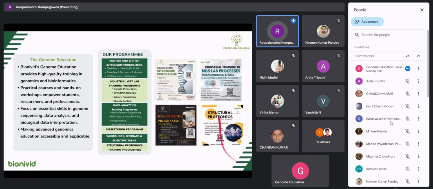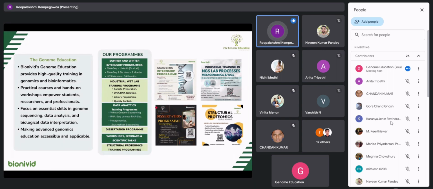Coming to the training programs, we have different ones: a 1 week training program, 6 months, 3 months, and custom-designed training programs. We also help with the dissertation: we help them do the genomics work, write the dissertation, and complete their degree. And sometimes, if there is an opening in a company and a trainee from our training program is very good in genomics, we do offer them a job to work with us.